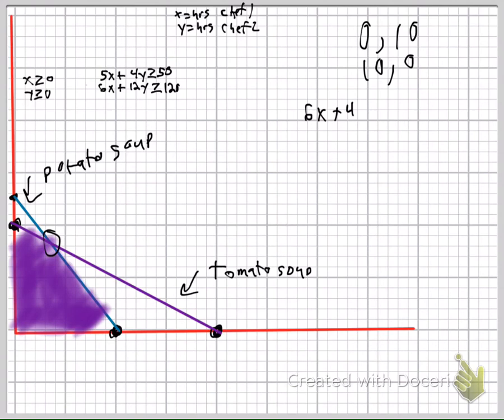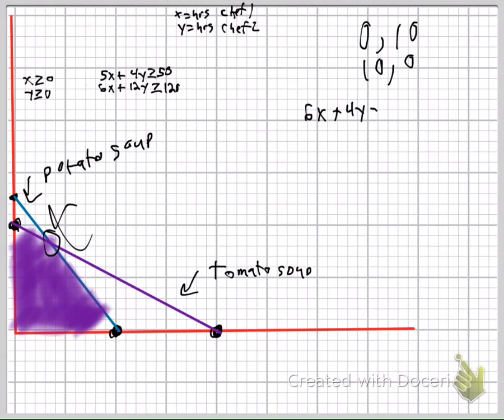What we had trouble with was, so the difficulty here, sorry about that, is in finding this right here, that point of intersection.